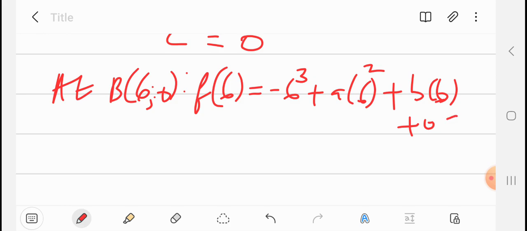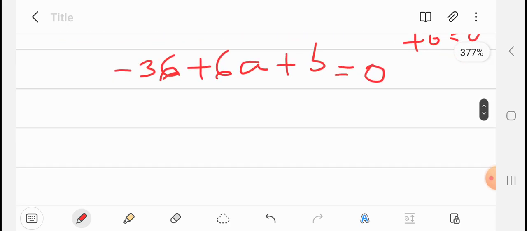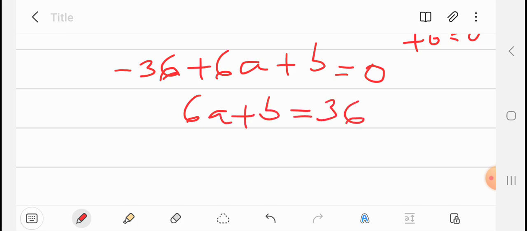C is already 0, and this becomes equal to 0 at the point B because y is not there. And upon division by 6, we're able to get that minus 36 plus 6a plus b is equal to 0. So we have 6a plus b, which equals 36. Okay, this is one equation.